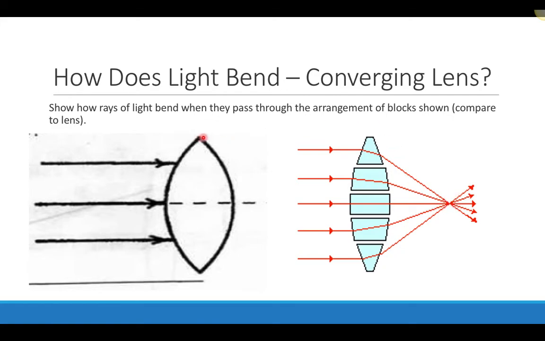So when I have this curve in this material where the center of the material is wider than the edges of the material, and that's what's happening here, the rays of light coming in parallel tend to all converge to a particular point called the focal point.